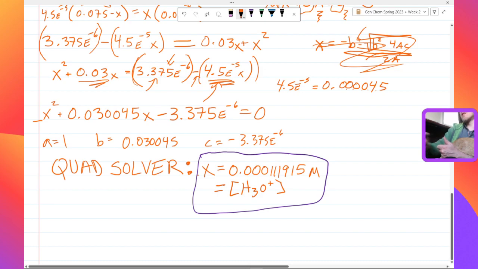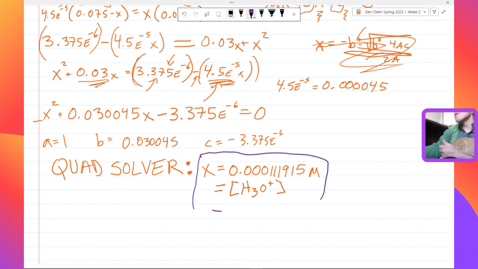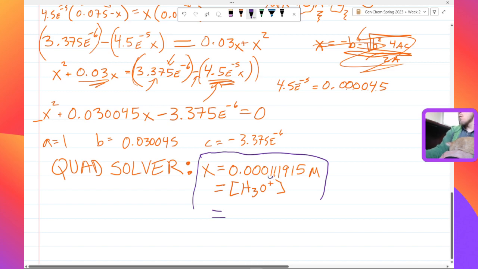I did mention that we should consider significant figures, and we should because that answer is a little silly looking. So let's make this a better looking answer. We'll do it in blue. This is 1.11915 and so on times 10 to the minus, the decimals here, 1, 2, 3, 4, 10 to the minus 4.